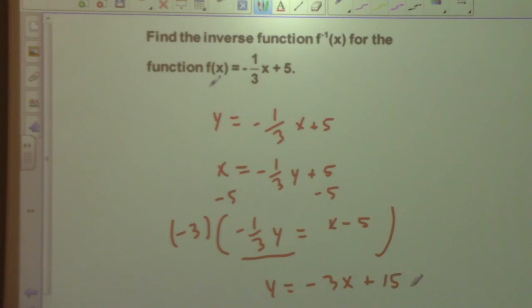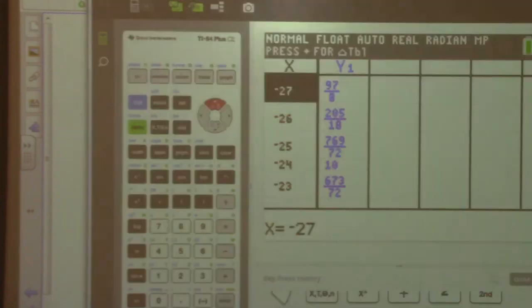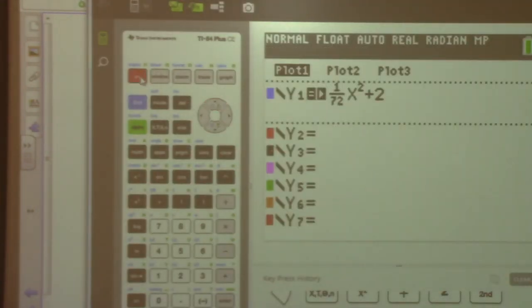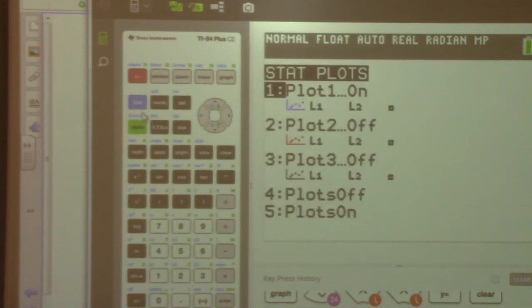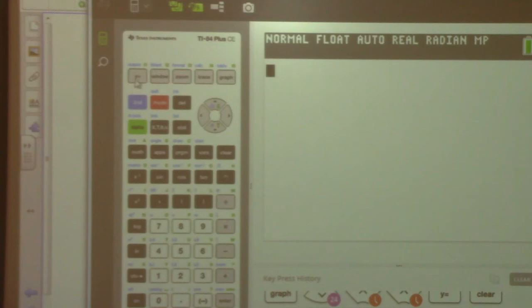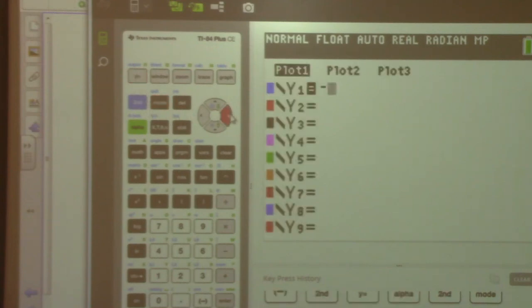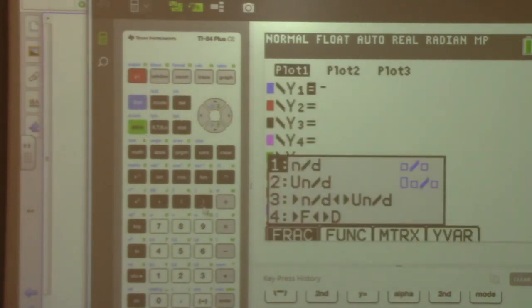Did you test that in your calculator too? Nope. I'll do that one next time. Do negative 1/3 x plus 5.